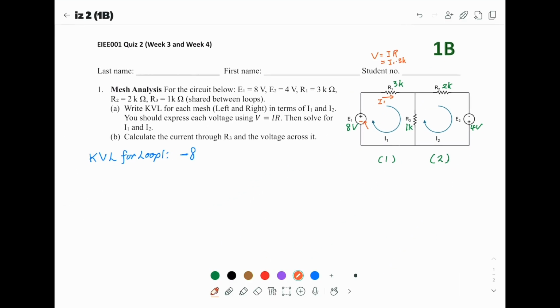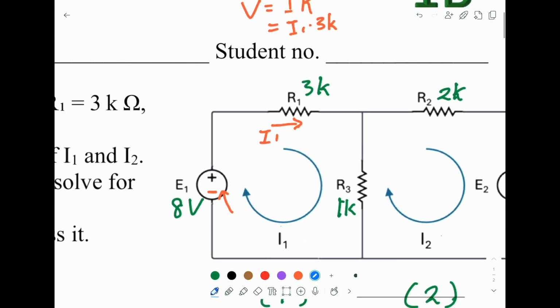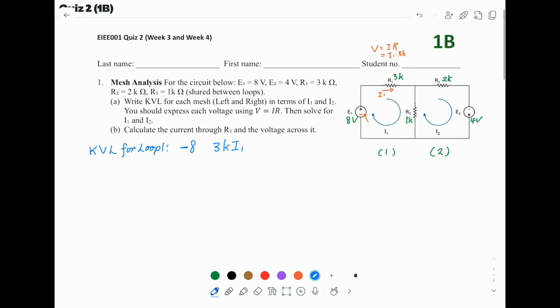So instead of writing I1 3K, I will write 3K I1. Put the unknown after. And we know this must be positive, because whenever the current passes through R, it has to be positive.